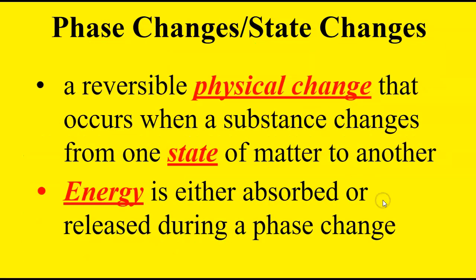Okay, so now when we're talking about phase changes, phase changes are reversible physical changes, because again, remember, it does not change the identity of the matter. But the energy that is being absorbed or released during the phase change has to do with the temperature.